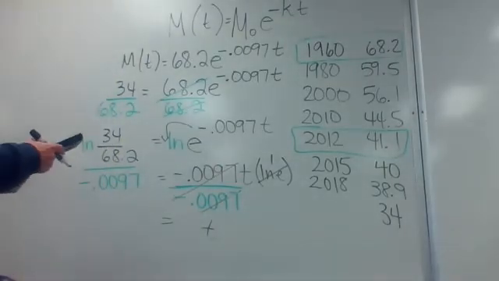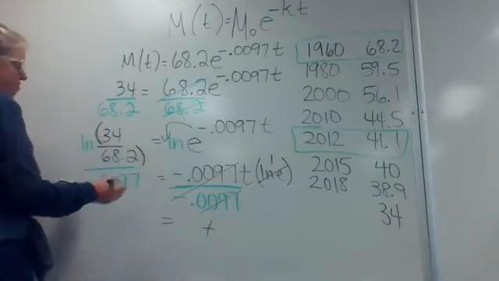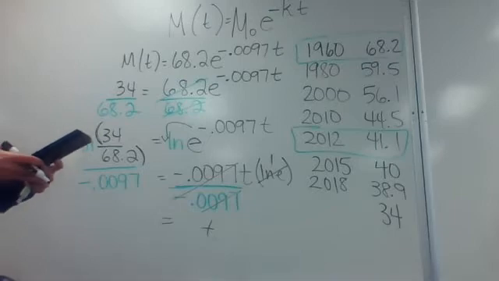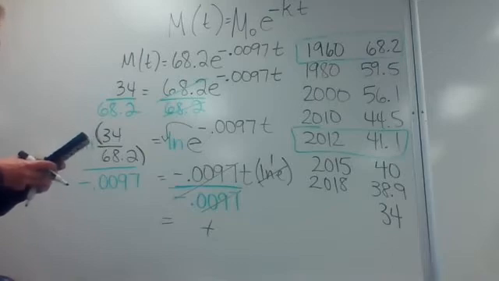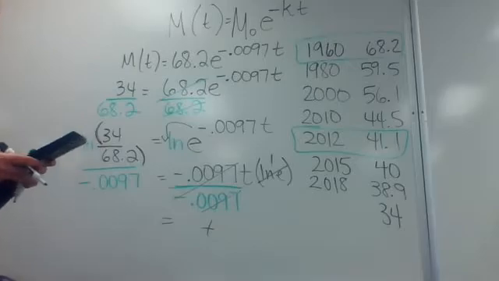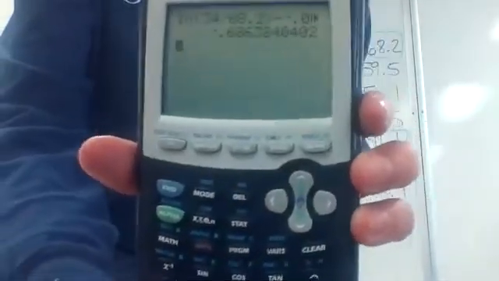So let's see. ln, it's going to open your parenthesis for you. You'll close it after the 68.2. So ln of 34 over 68.2, close. Divide by negative 0.0097. Enter.